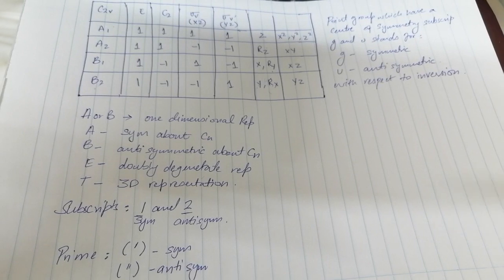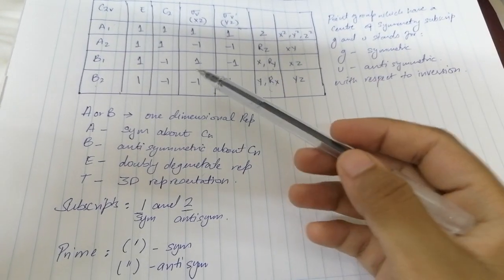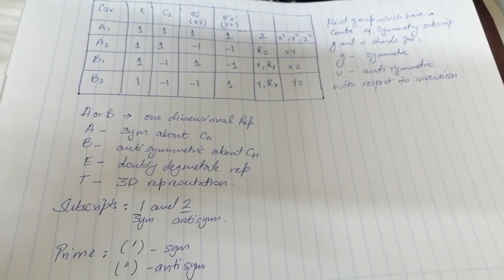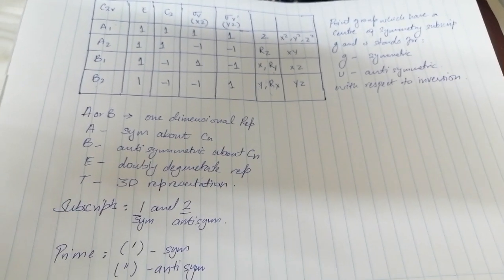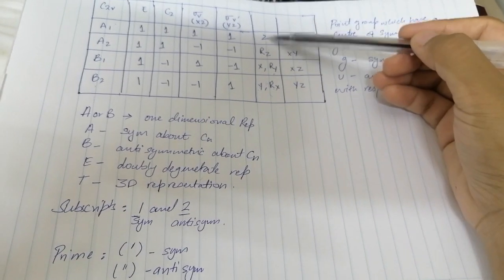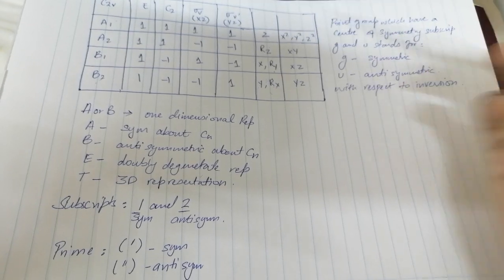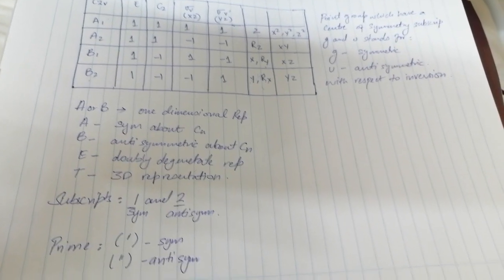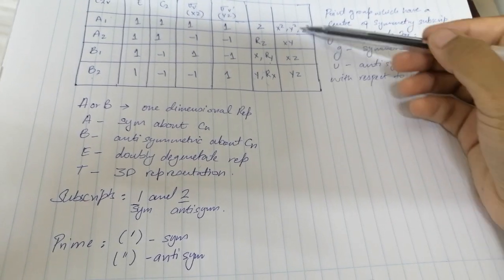Then we discussed characters of an irreducible representation like -1, 1, and then we saw the functions of symmetry symbols for Cartesian coordinates and rotation, which are these: z, x, y, z, Rx, Ry, Rz, and then lastly the functions of symmetry symbols for squares and binary products are here.